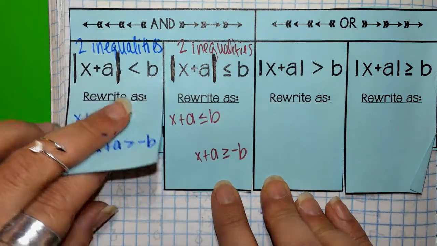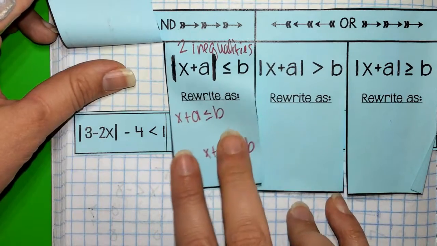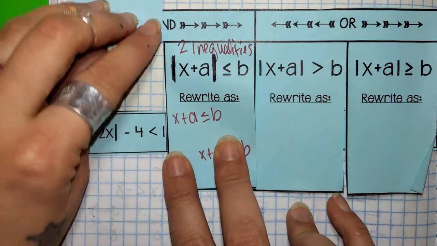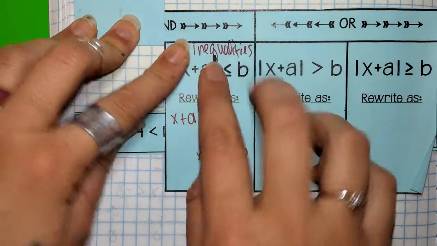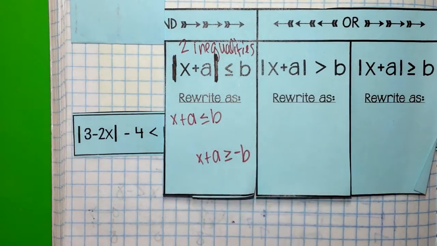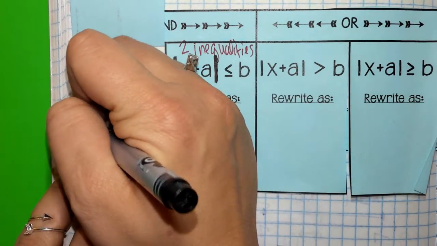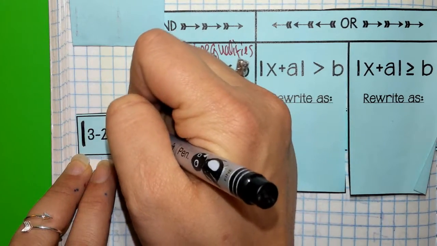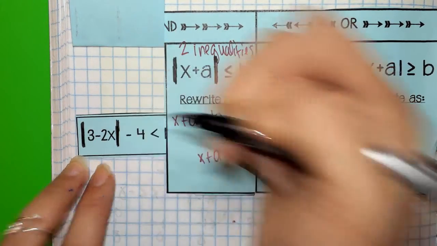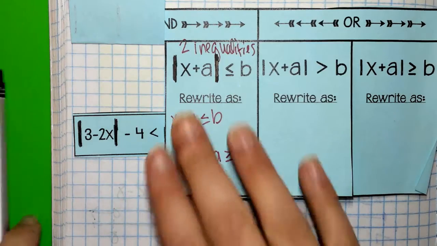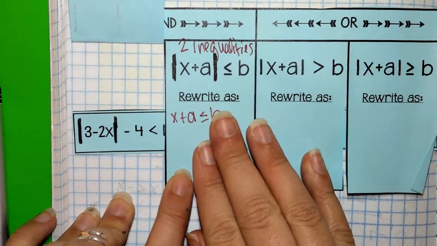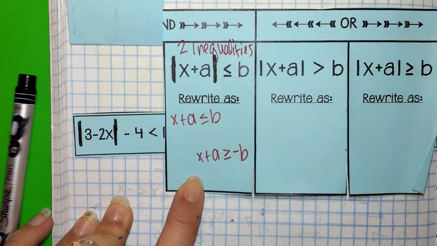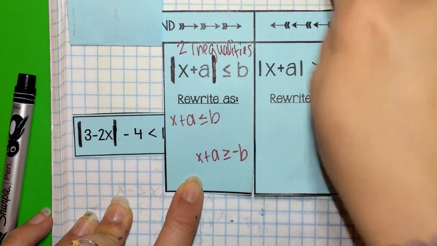Almost. Open your first flappy. Make your absolute value signs bigger. Now, what does step 1 tell us to do in that square at the top? What did it say to do?